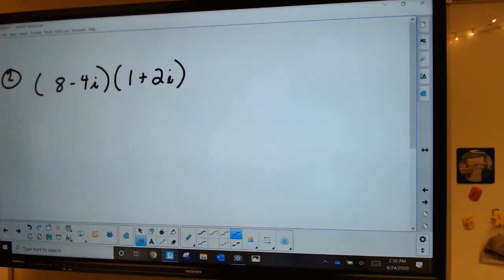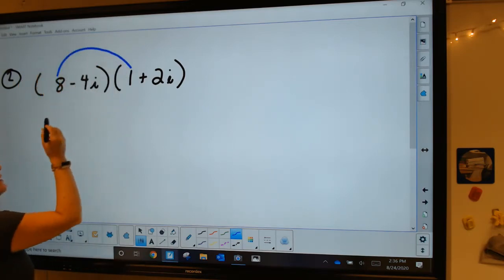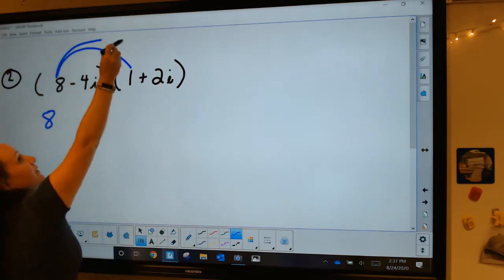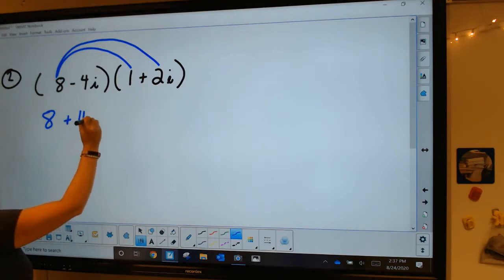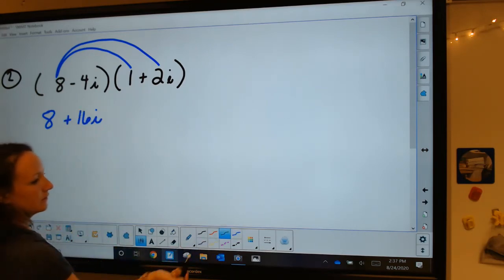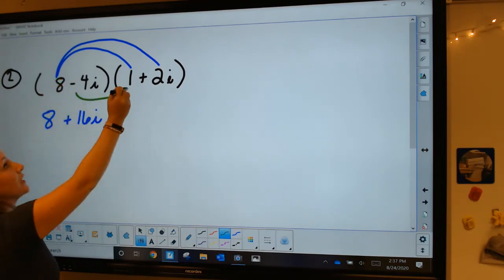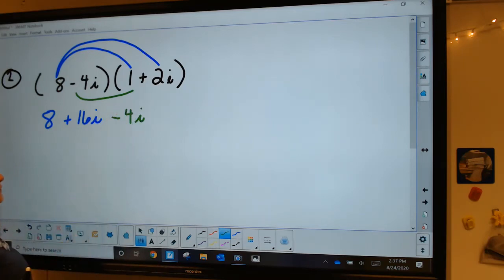All right, I'm going to distribute, so 8 times 1 is 8. 8 times 2i is 16i. Negative 4, so make sure you're bringing the negative with the 4. Negative 4 times 1 is negative 4i.